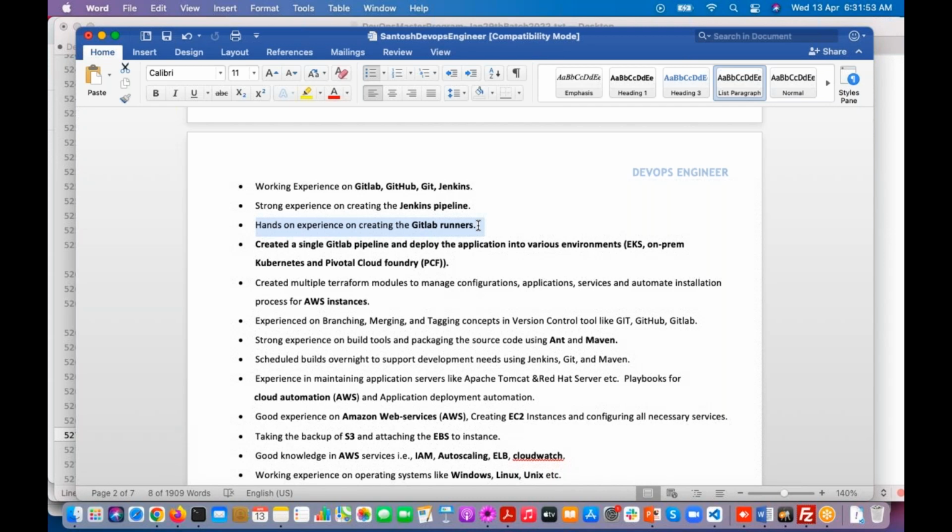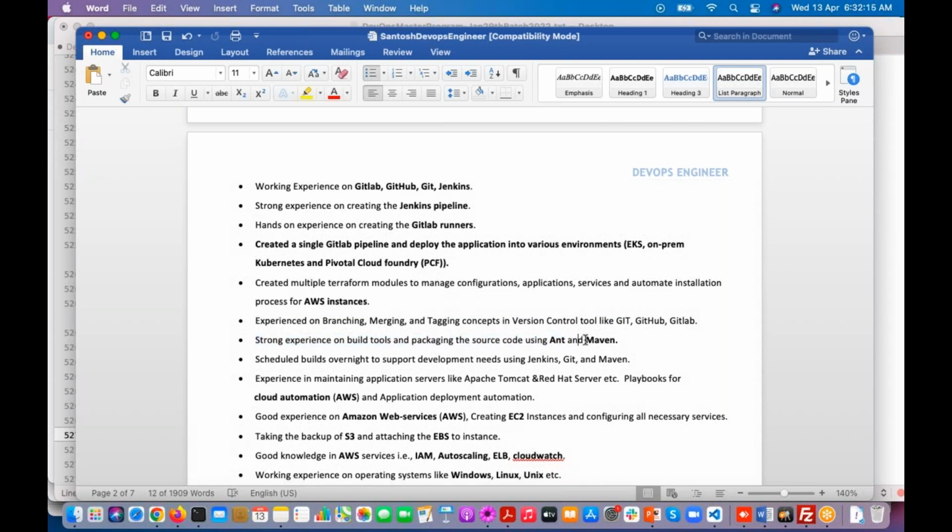You are not aware of this one, right? If you are not aware of it, just ignore it. Experience on branching, merging, tagging concepts in version control systems like Git, Git Bash. If you know Bitbucket, you can keep all these things. Strong experience on build tools and packaging the source code.